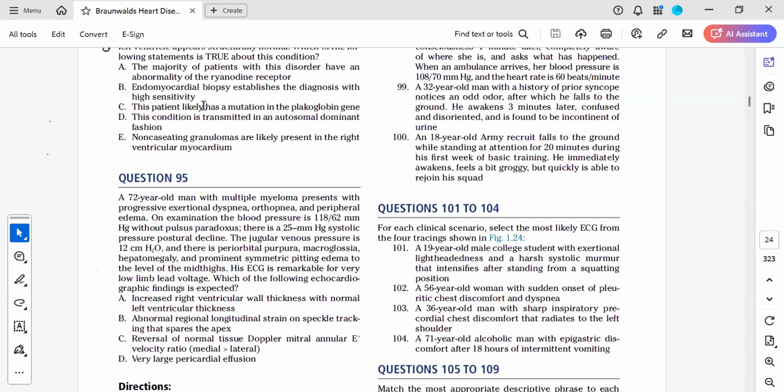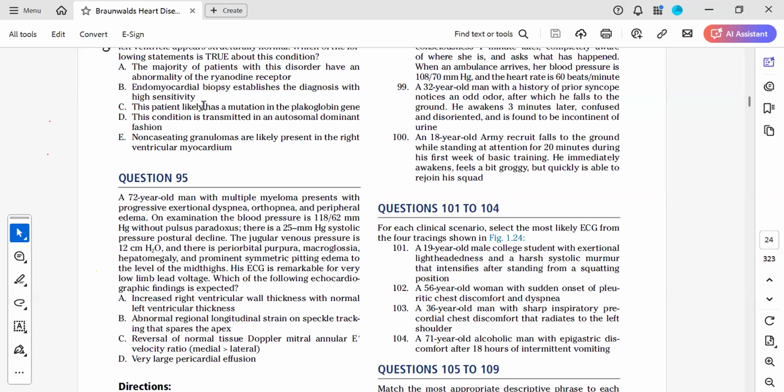Whilst you are straining, it decreases the preload to the heart, and that exaggerates the murmur of hypertrophic obstructive cardiomyopathy. And in hypertrophic obstructive cardiomyopathy, you have associated increased left ventricular mass. So there's some form of hypertrophy of the left ventricle, and it often results in associated inverted T waves. So it correlates with ECG B.